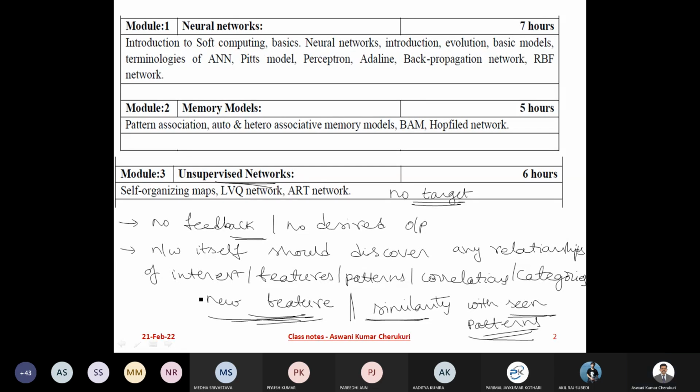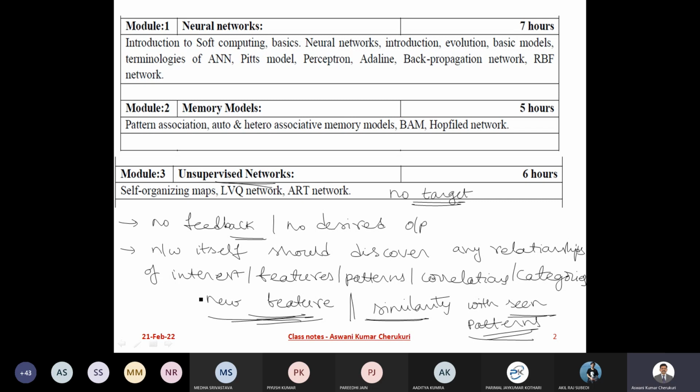Understand? Yes, sir. So when the new feature comes, I have given you 50 samples. You allowed the network to converge. The new feature is coming. When it comes, you take its similarity with the seen patterns that are already seen by the network, that means the 50 patterns.